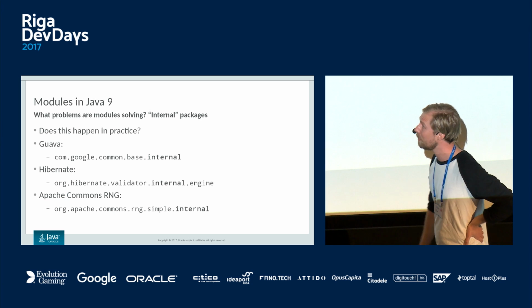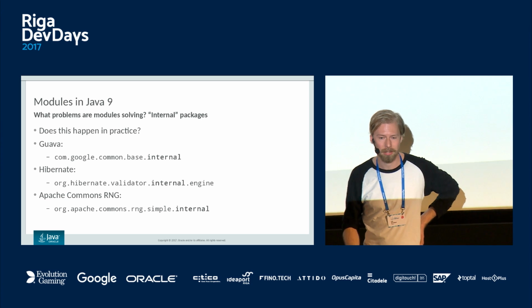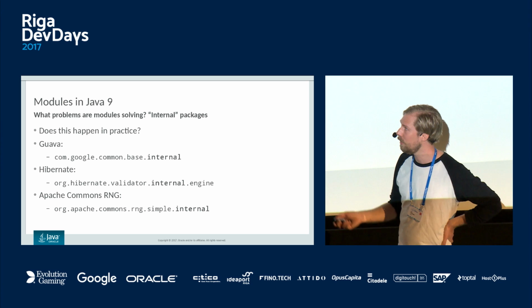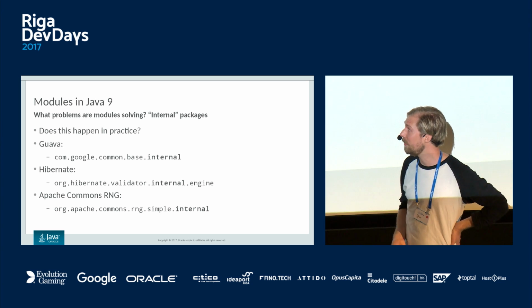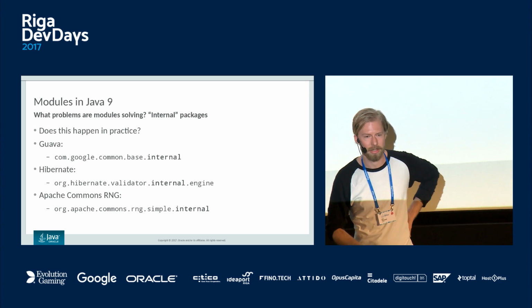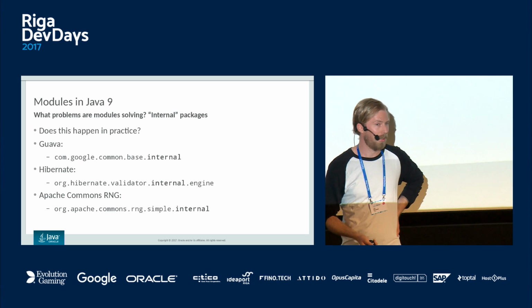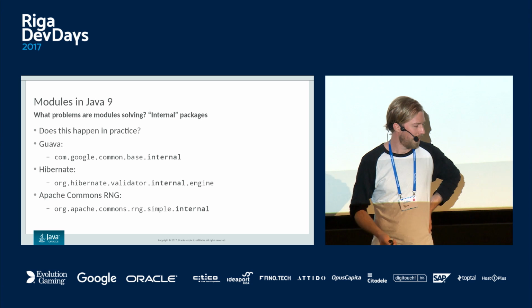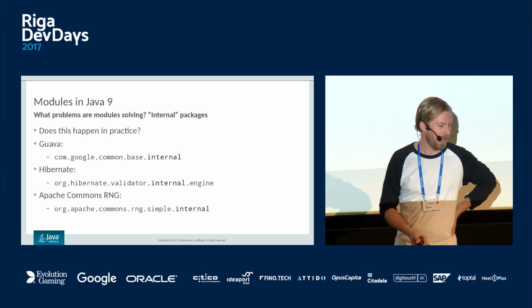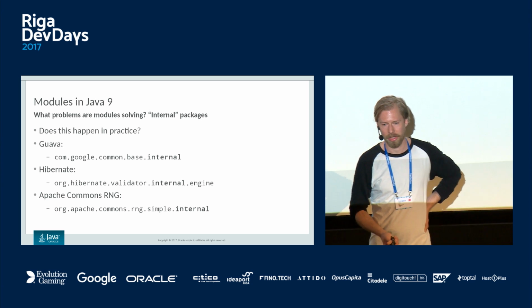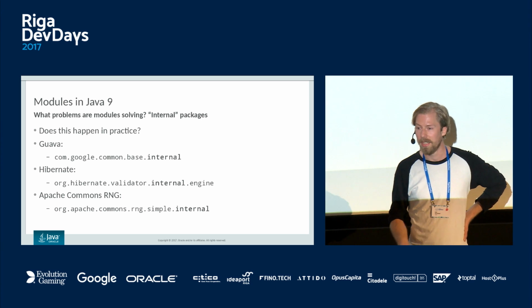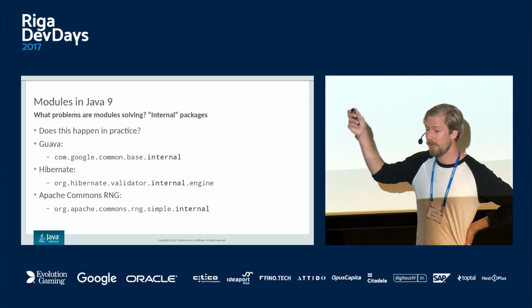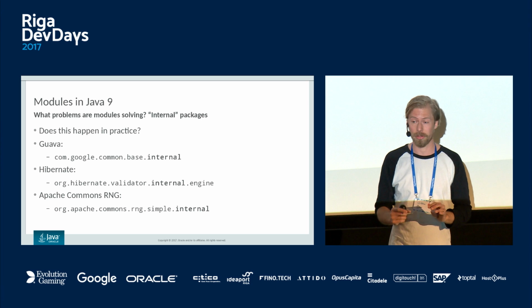But is this a problem in the real world? And yes, it is. Looking at just 3 examples, in Guava you have the package com.google.common.base.internal. In Hibernate, you have org.hibernate.validator.internal.engine. In Apache Commons RNG, you have org.apache.commons.rng.simple.internal. In the Javadoc for all these packages, it clearly says do not use this package.